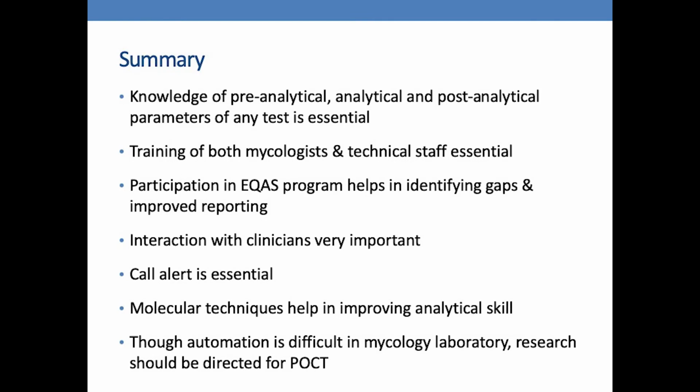You should participate in it. Interaction with the clinician is very important. Call alert is essential: if you have identified a very important pathogen, immediately inform the clinician. Molecular techniques help in improving analytical skill. Though automation is difficult in a mycology laboratory, research is now directed towards point of care tests, which might be more useful. Thank you for your kind attention.